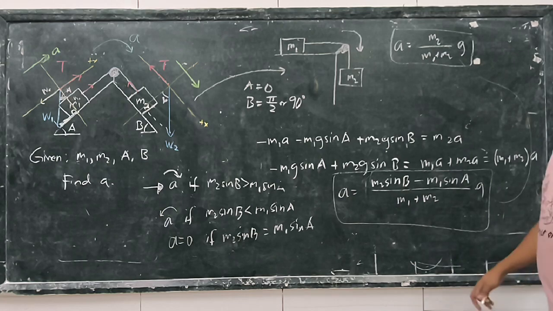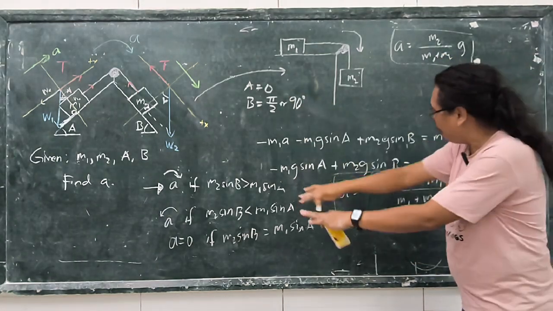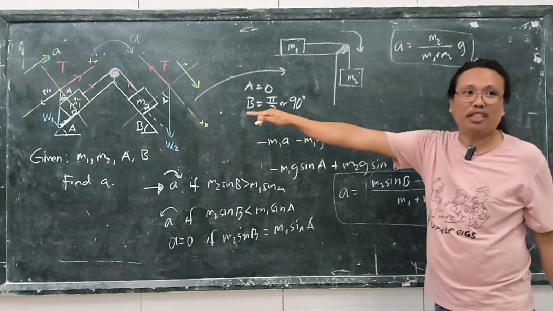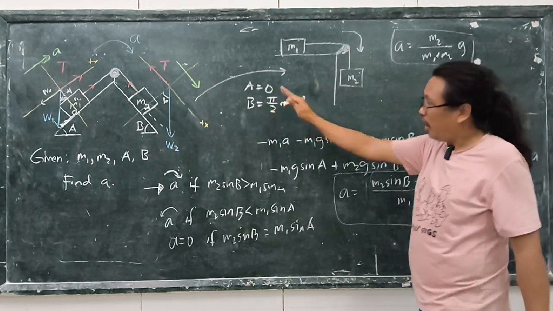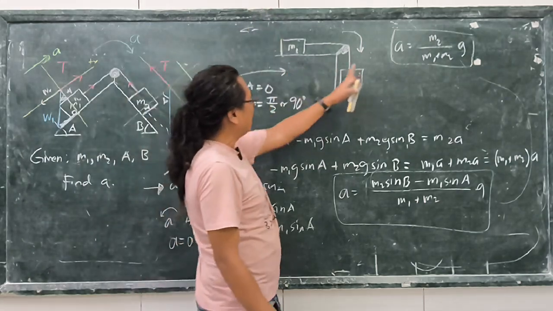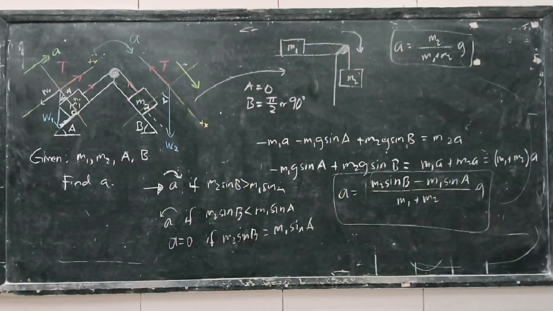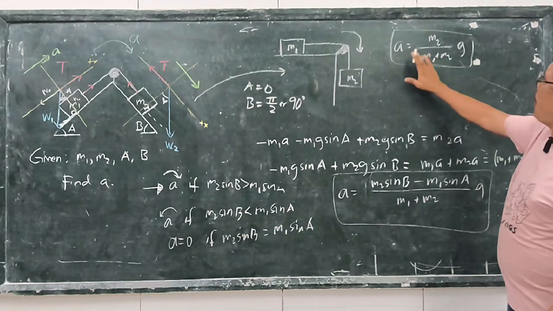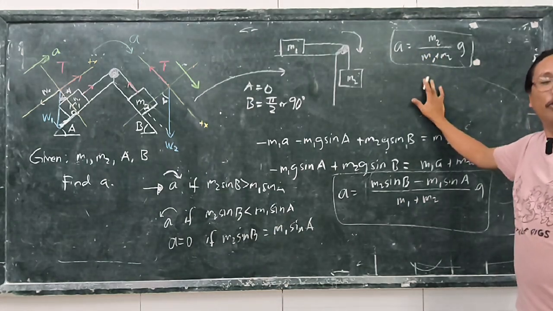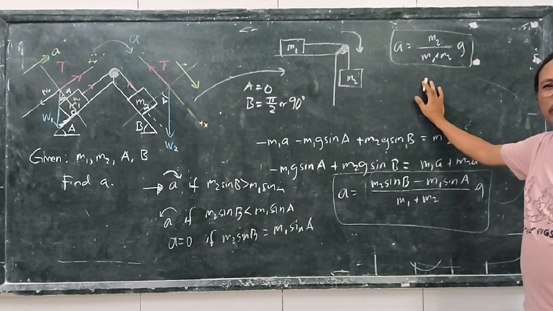Now, for practice, I want you to derive this special case by doing the same thing that I have done for that case there. Draw the free body diagram here. Okay? And you should be able to arrive at A equal to this, for your practice.